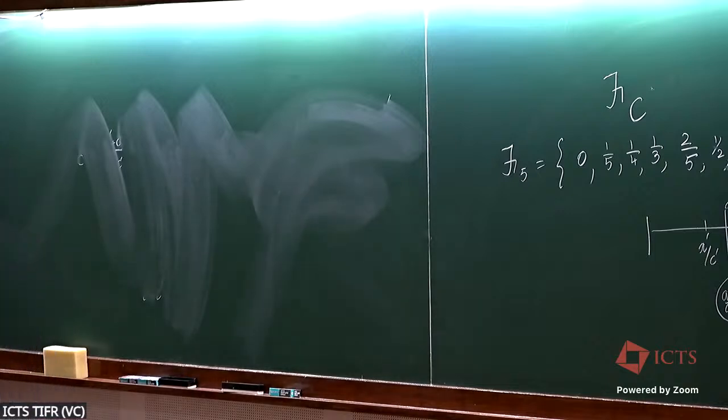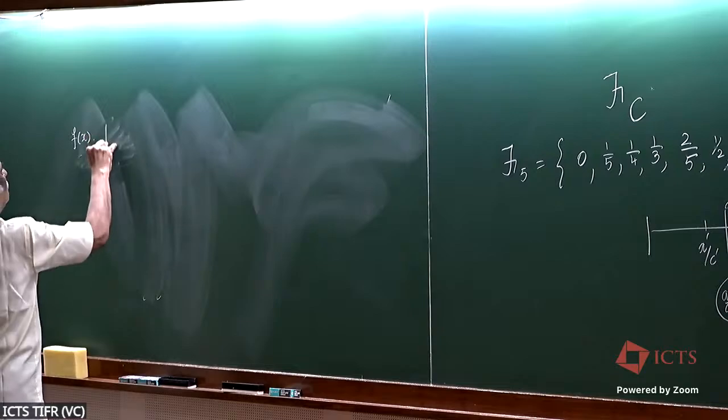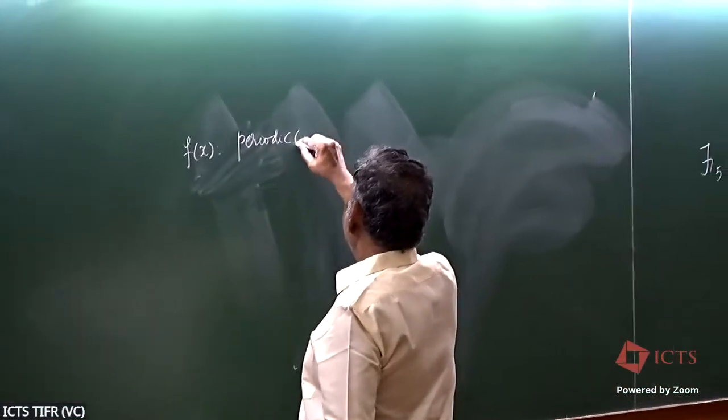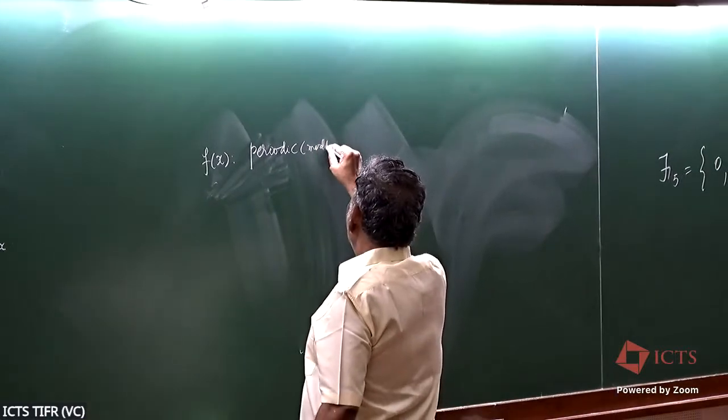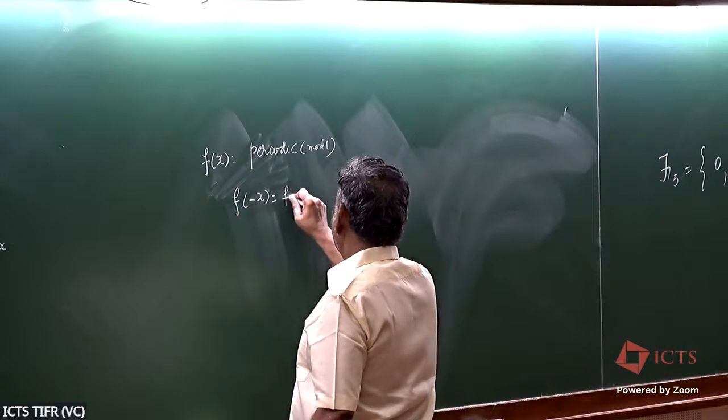And this is, Ionic has other applications in mind. Instead of looking at it, he looks at a general function f of x, which is periodic mod 1, satisfying the extra condition that f of minus x is equal to f bar x.